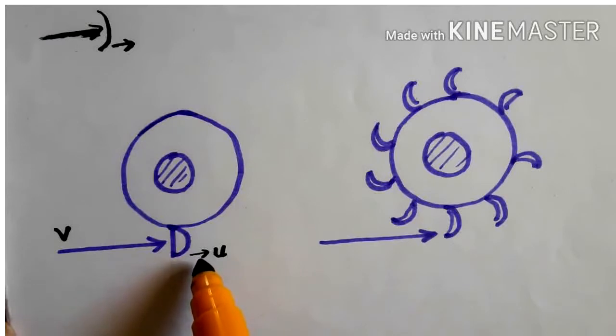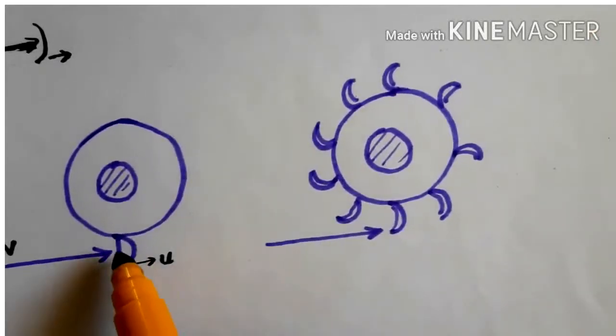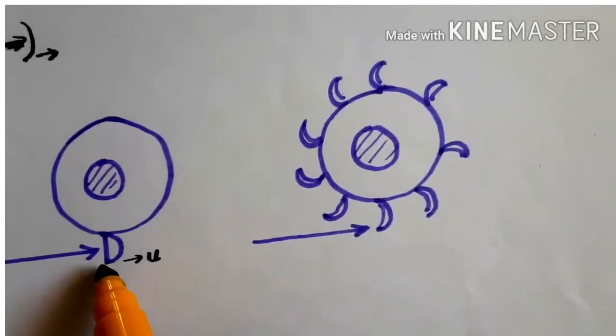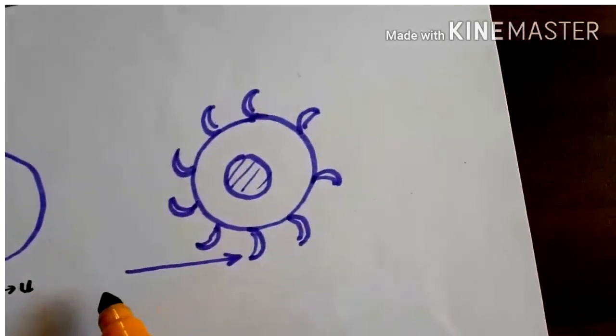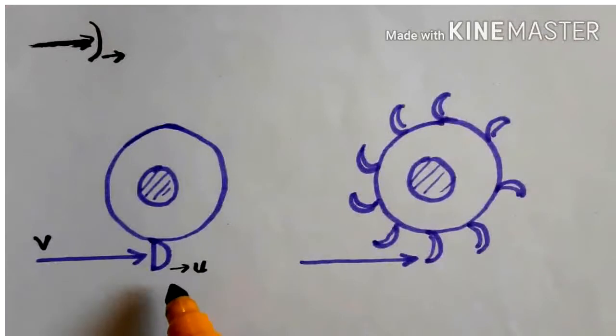This difficulty, however, may be overcome. Whatever difficulty we were having here may be overcome by having a series of vanes instead of a single vane.